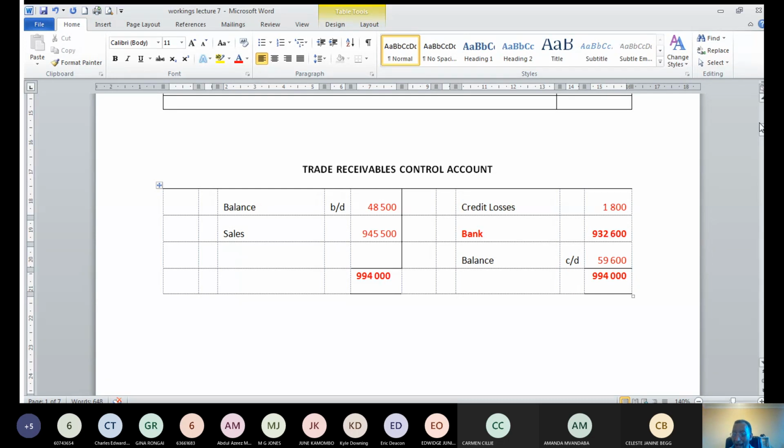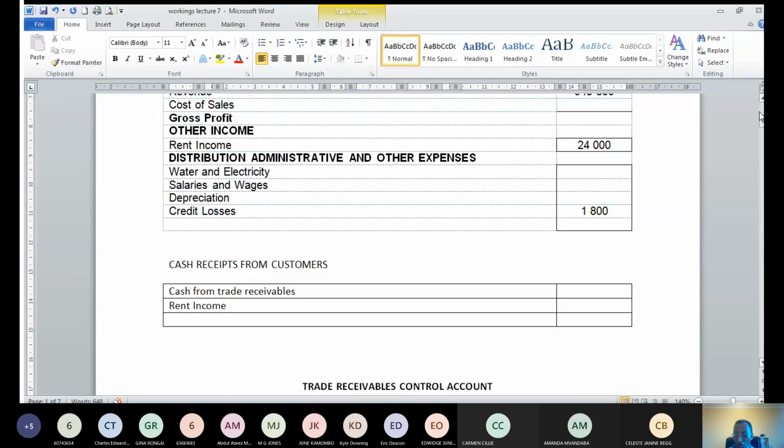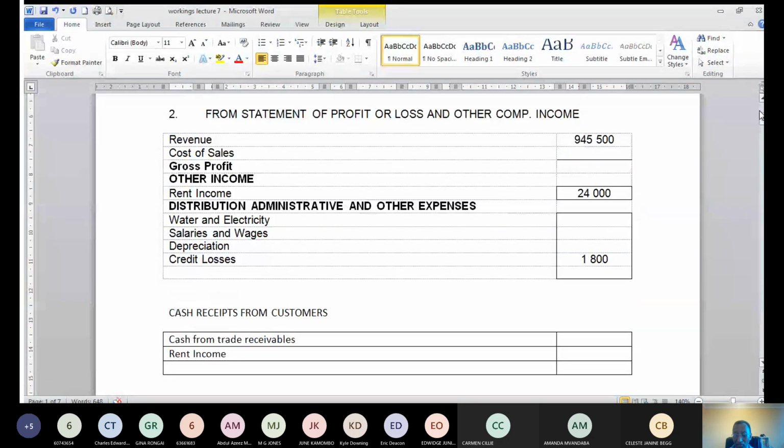However, there may be other income as well. Now, in order to see if there is any other income, you go to your statement of profit and loss and other comprehensive income. There will be a rent income, and the rent income for the year is in the amount of 24,000 Rand.